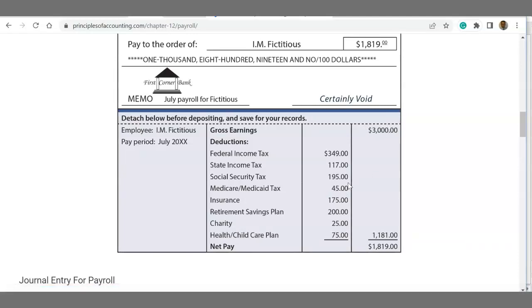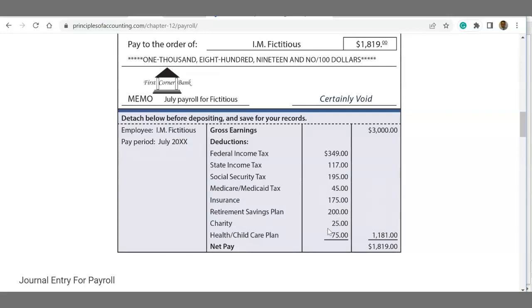And let's see, insurance. This is health insurance, the employee's part of the obligation. Also, the employee wants to put $200 in a retirement savings account for 401k. That's fine. Also, that will be withheld.